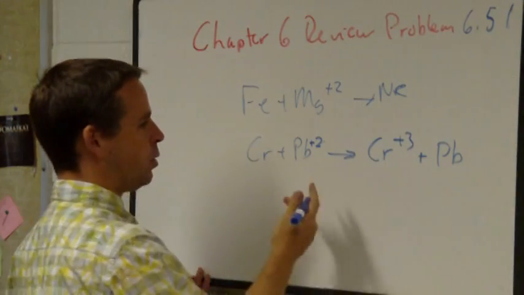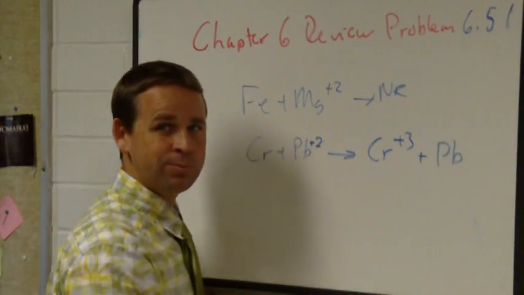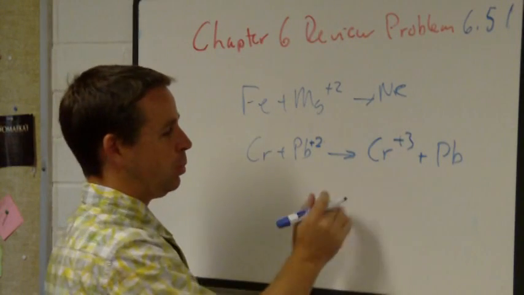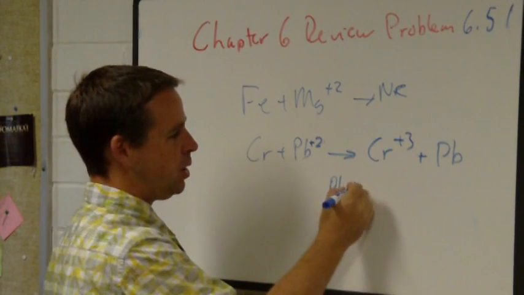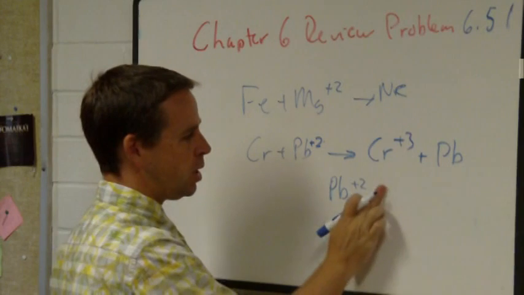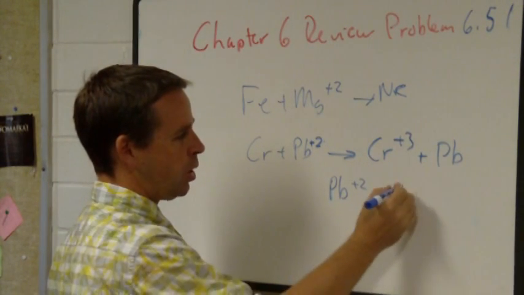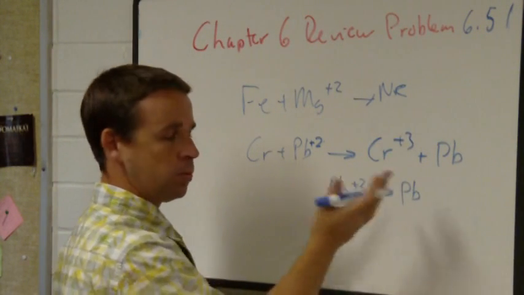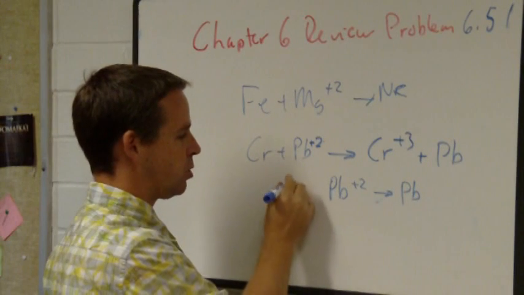All right, now if this is going to occur, we have to look at the half reactions, pull them apart, and you'll see that these half reactions are very easy because they don't have any oxygen or hydrogen in them, just electrons, right?